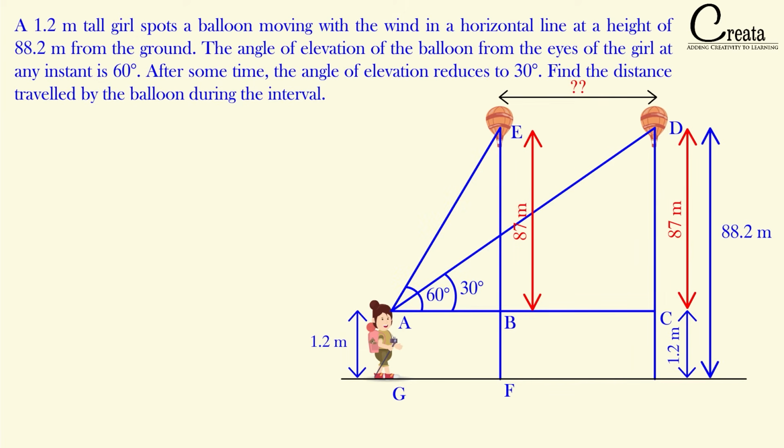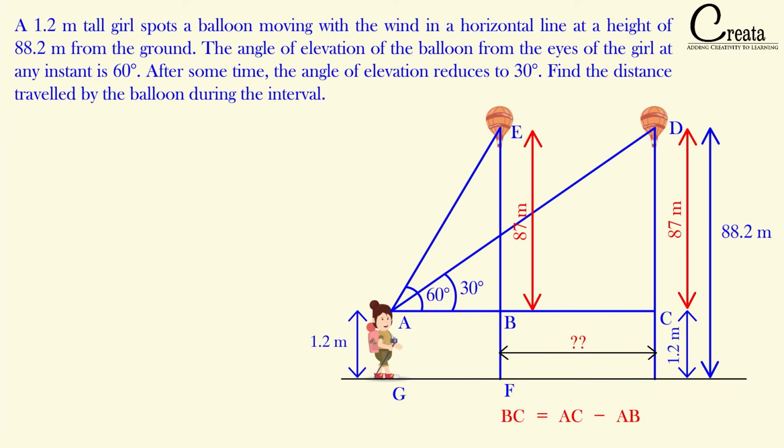And further we have to find the distance BC. So the approach that we will use is from the triangle ACD we will find AC, the side of the triangle, and from the triangle ABE we will find the side AB, and AC minus AB will be equal to BC. That is the distance that we are looking for. So this approach we will use.